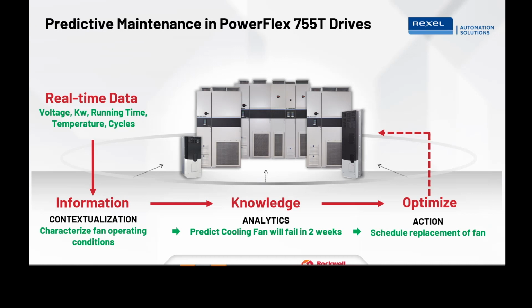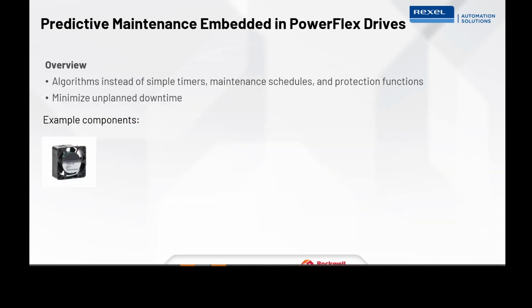On the 755 drive, it has a fan. So then with analytics, we could predict, hey, that cooling fan is going to die in 2 weeks, and we schedule a replacement. So we got these algorithms built into the PowerFlex 755 drive that allows that, right?